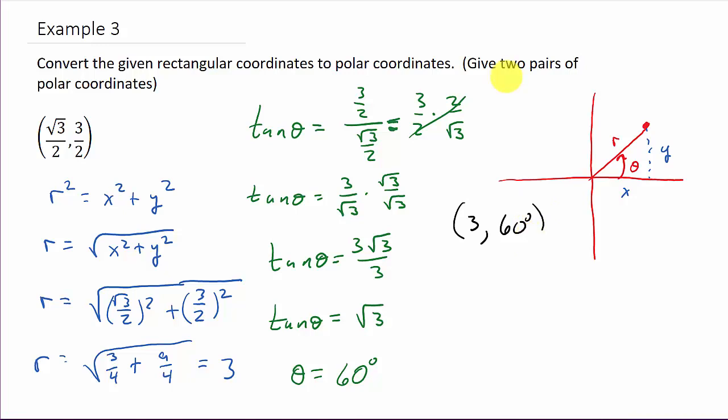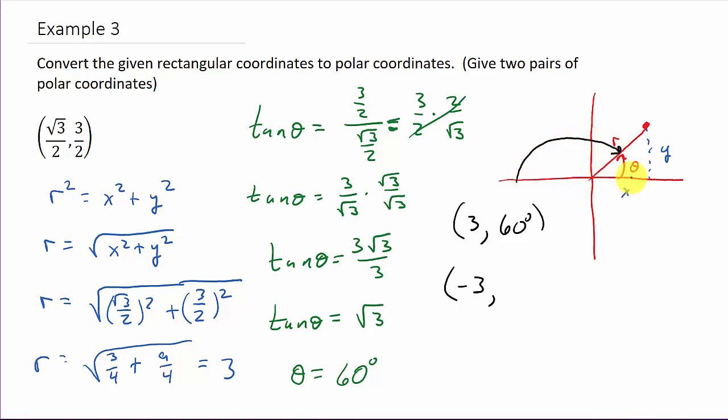All right. Well, let's look at it this way. How about we make r negative? So that means instead of coming out here to 3, we're actually coming out here to negative 3. So if I came out here to negative 3, I would rotate back this way.